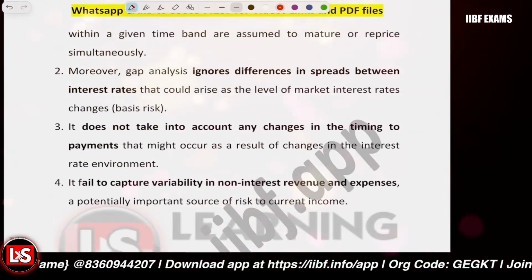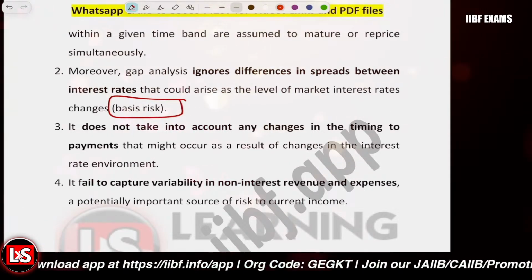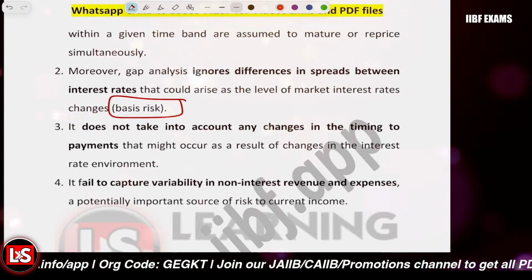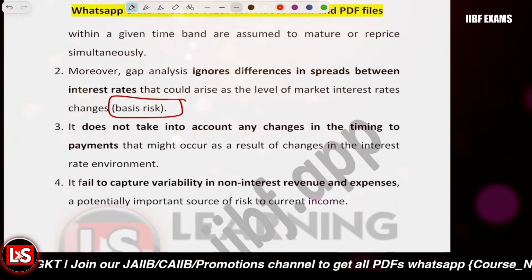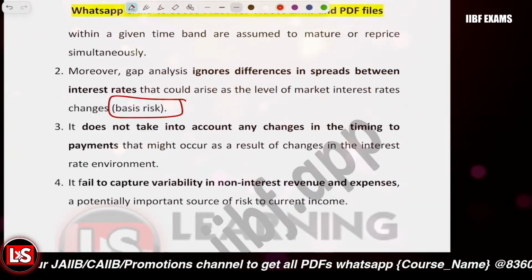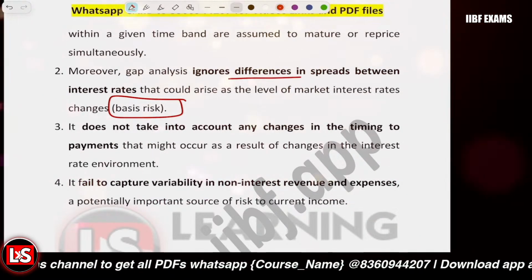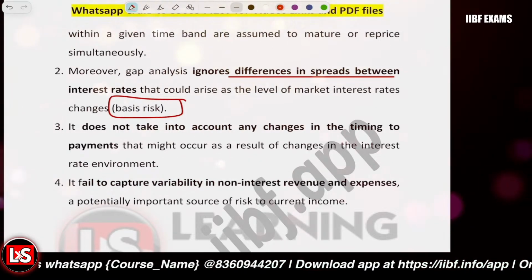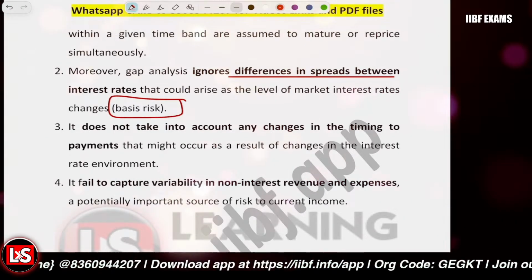The second one is that we do ignore the basis risk. Different interest rates may not move uniformly. We are not considering that particular part, right? Different interest rates may move differently. We do not consider that part. We do ignore the basis risk. Third, we do ignore the embedded options.